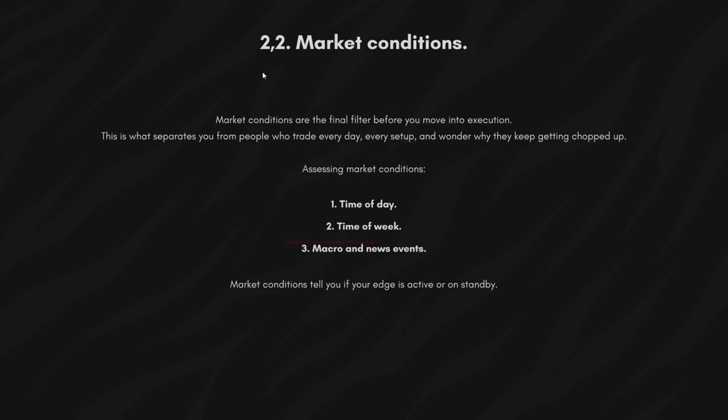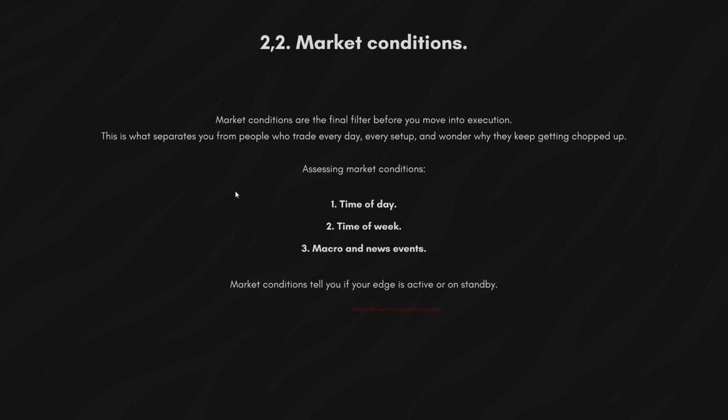And then we have the final component, which is market conditions. This component is really important because it acts as your final filter before you move into execution. This is also what separates disciplined traders from people who trade every candle, every setup, every pattern, and then wonder why they keep getting chopped up.